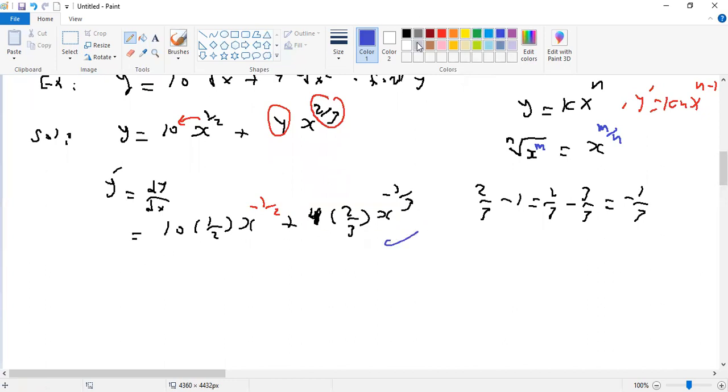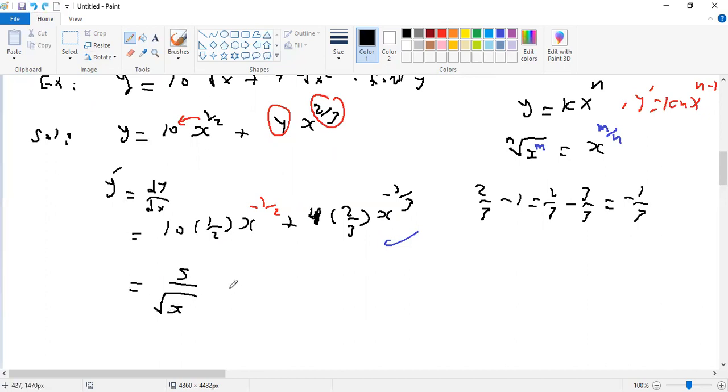Now, if you want to simplify: 10 times half is 5, and x to the negative half you can write in the denominator, x to the power half, and 1 over 2 as a power means square root.